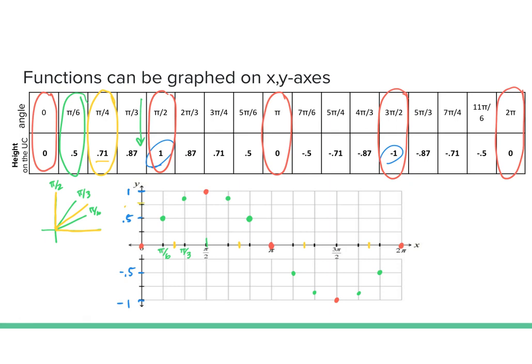Remember that this is 0.75, so I'm going to be just below that. And I'm going to be just below that on each side. And in this case, I'm going to be right above it because I'm going to be less negative. There's our graph. All that's left for us now is to fill it in. Really nice and smooth.